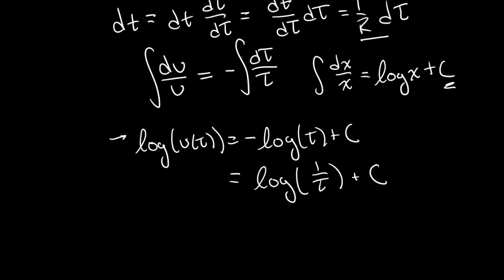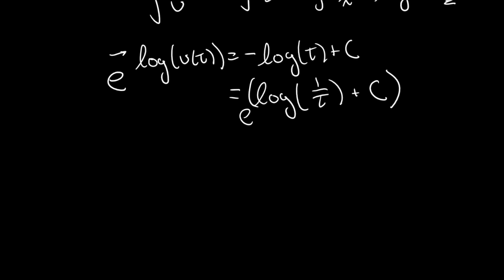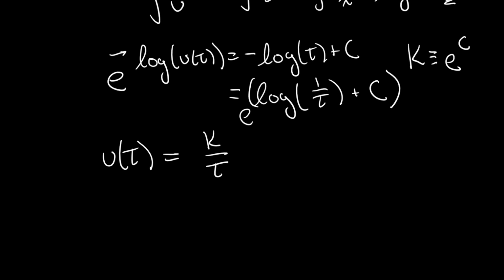And now I just exponentiate both sides, so I raise e to both sides. I'm going to say some new constant k is e to the c. And we can see that I get something like u of tau is equal to k over tau.